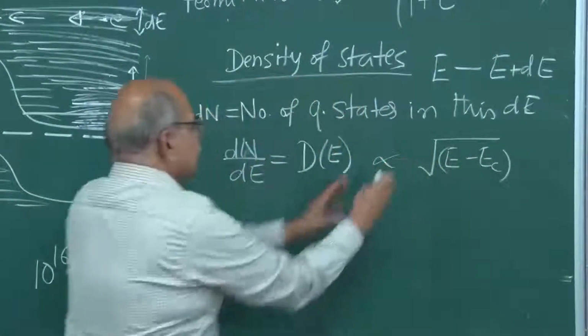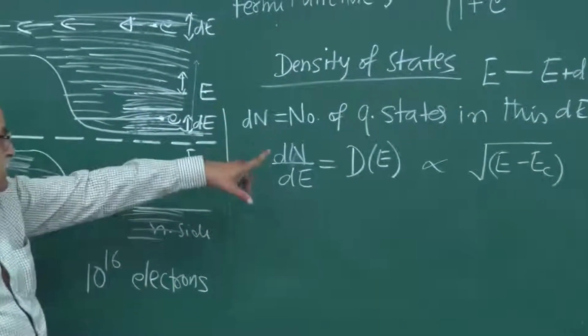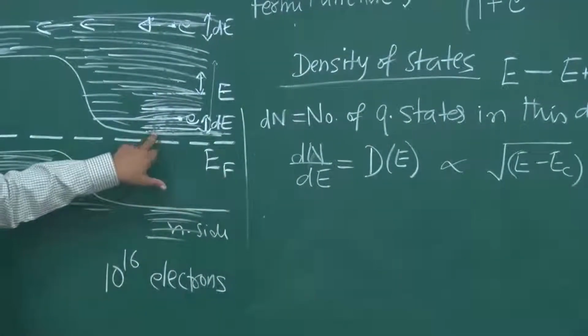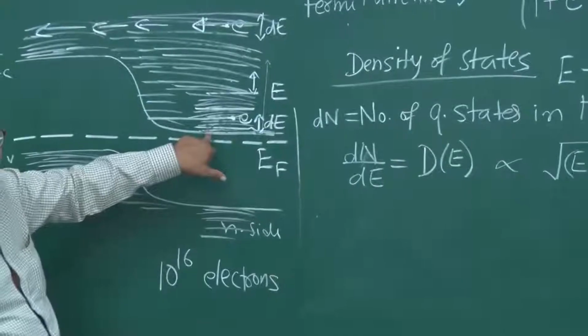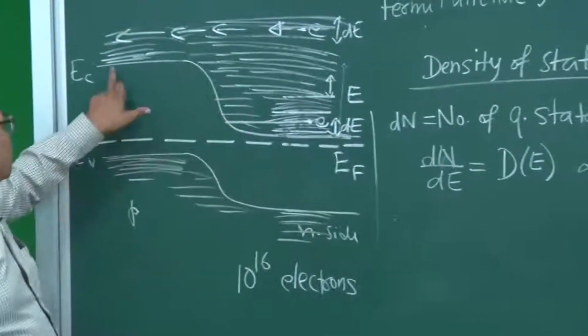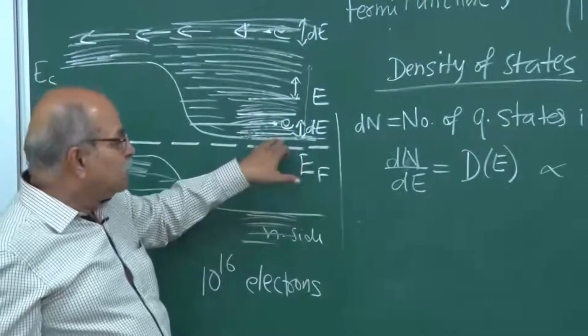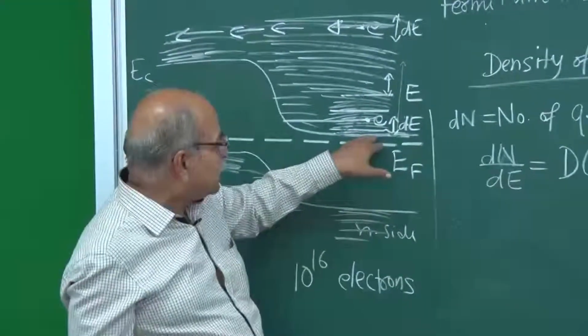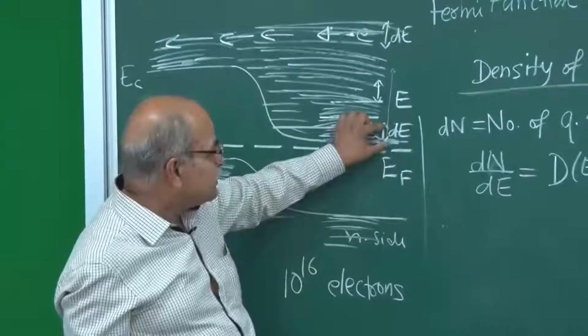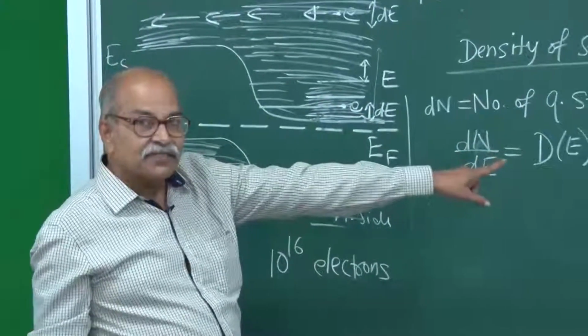There are some factors here, but energy-wise this is the dependence. Remember, the bottom of the conduction band I am writing as EC. So the number of quantum states available in a given dE is proportional to this.